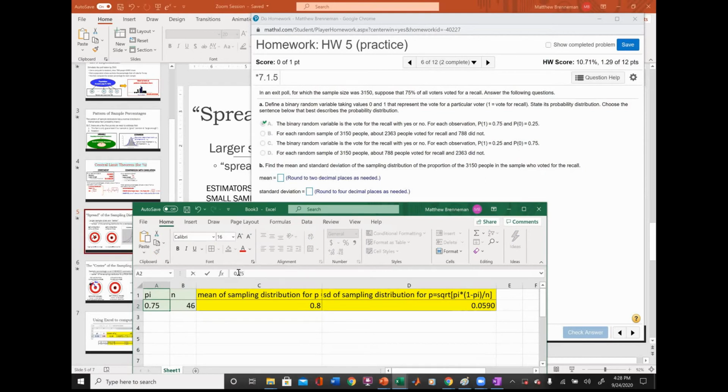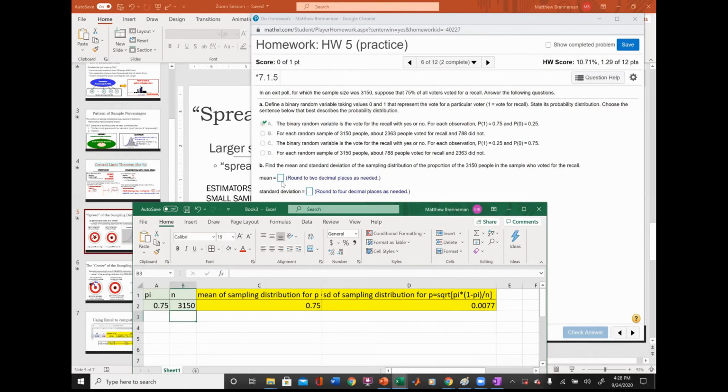And notice now that I know that has to be pi. I need the value of pi to get the mean and the standard deviation of the sample percentages. There's no other percentage given, so this has to be the population percentage. And I'm going to enter the sample size, and you can enter yours. And now I know everything I need to know.